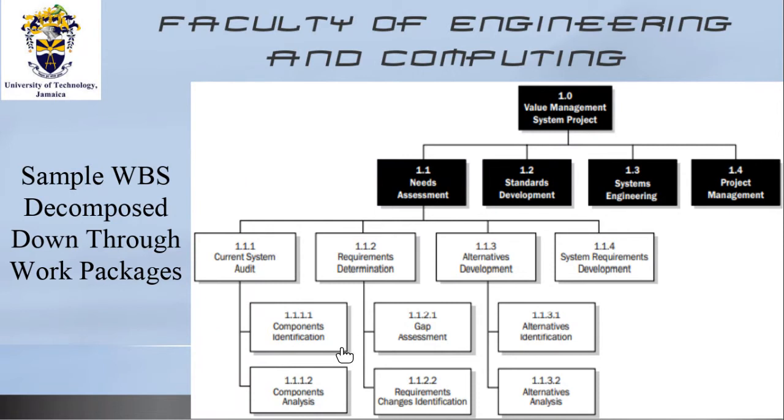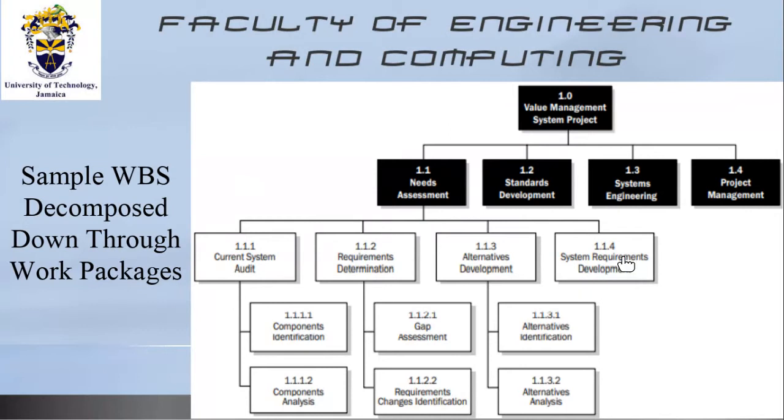All right. So what this graph is showing us here is that this is a level 4 arrangement. Now look at what is interesting. For 1.1 needs assessment, the third level, all of them have from 1.1 through to 1.4, systems requirements development.